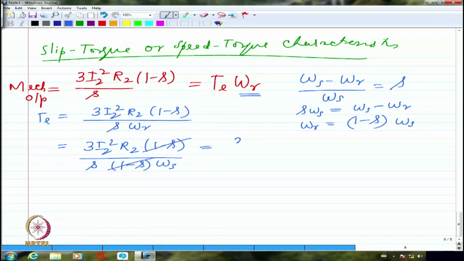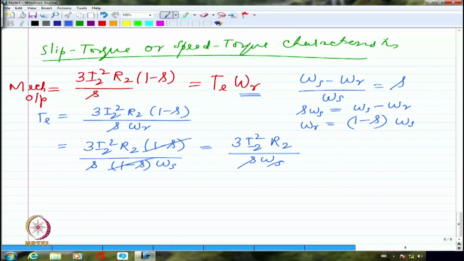So this expression is a very important expression in induction motor. Omega S, this S is subscript, okay, synchronous speed. So this gives me the expression for torque. This will be the torque in Newton meters.